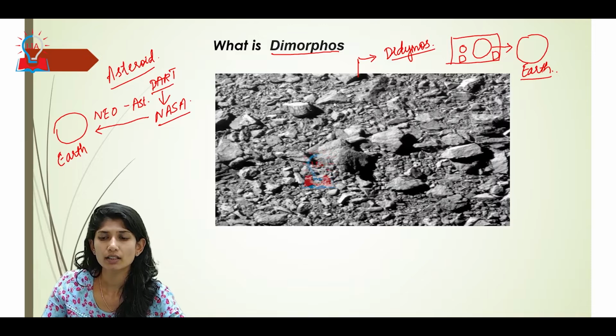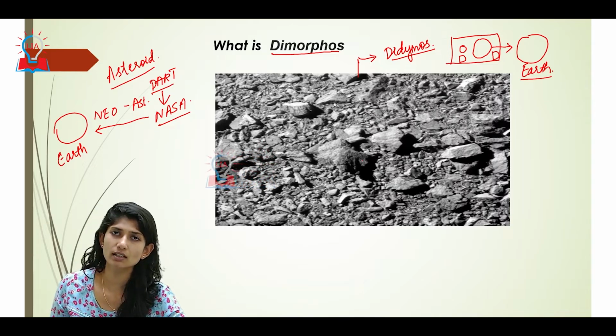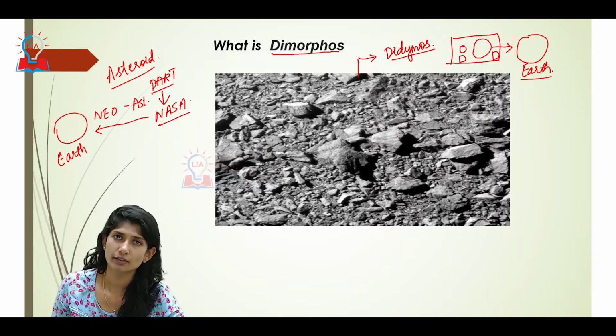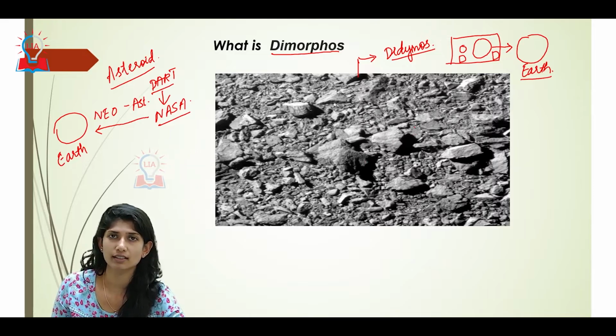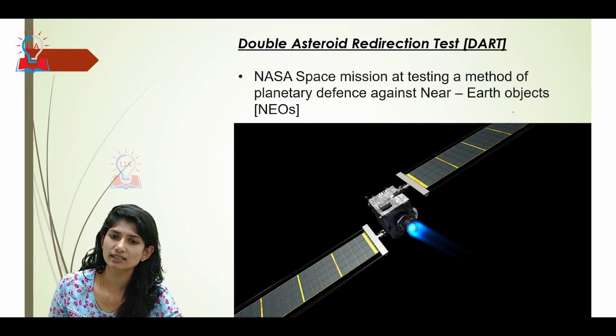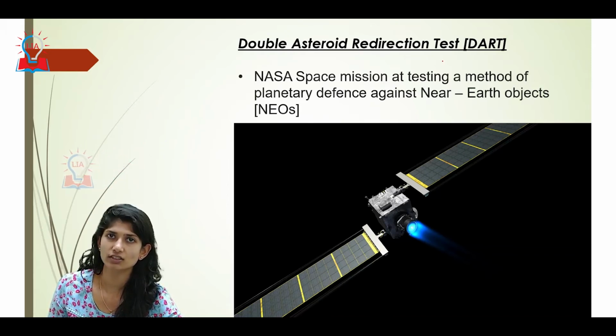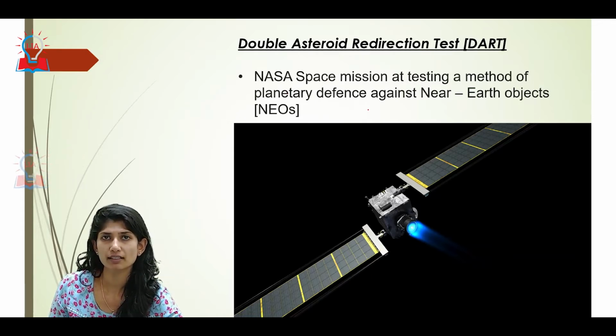We are contemplating this might happen. It has not yet happened, but it may happen. For that reason we are using planetary defense by asteroid deflection. And what is this DART? It is a Double Asteroid Redirection Test carried out by NASA for deflecting near Earth objects just so that Earth remains safe.